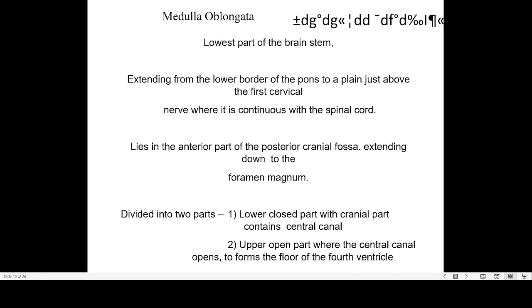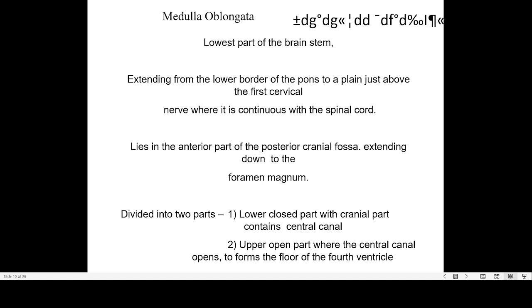So remember, it is the lowest part of the brain stem, extending from the lower border of the pons to the plane just above the first cervical vertebra, where it is continuous with the spinal cord. It lies in the anterior part of the posterior cranial fossa extending down to the foramen magnum.